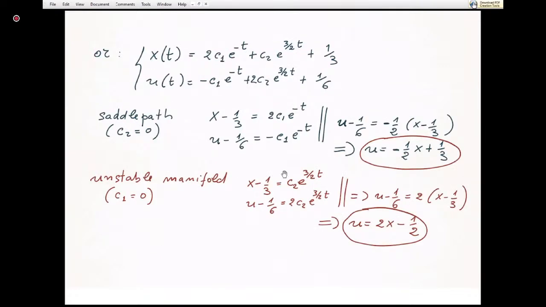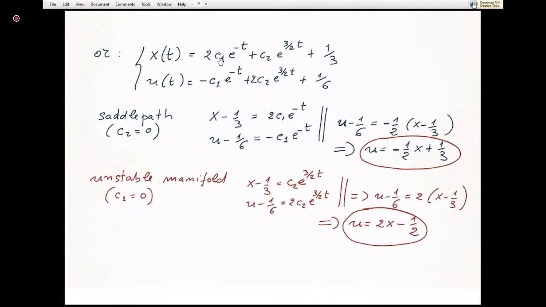We can also derive the so-called unstable manifold, which is another line in the plane that corresponds to the unstable eigenvector. We do the same by putting C1 equal to 0, moving again the two constant terms to the left, and then eliminating time and expressing u as a function of x.